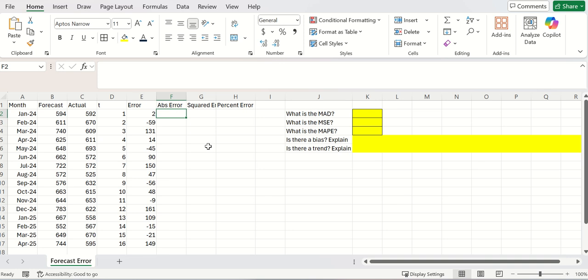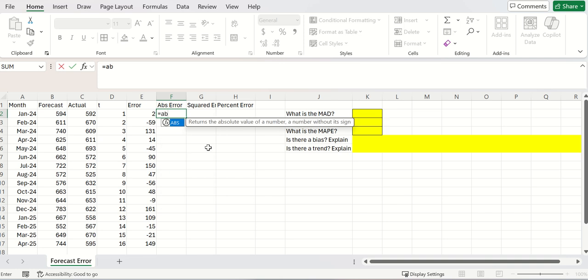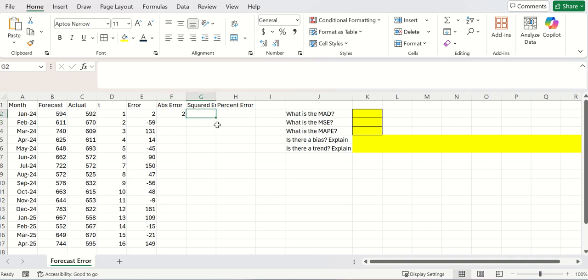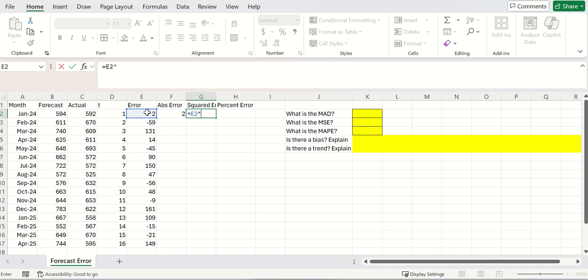So oftentimes what we do to get rid of this negative value is we can either take the absolute value of the error, or we can take that error and we can square it.